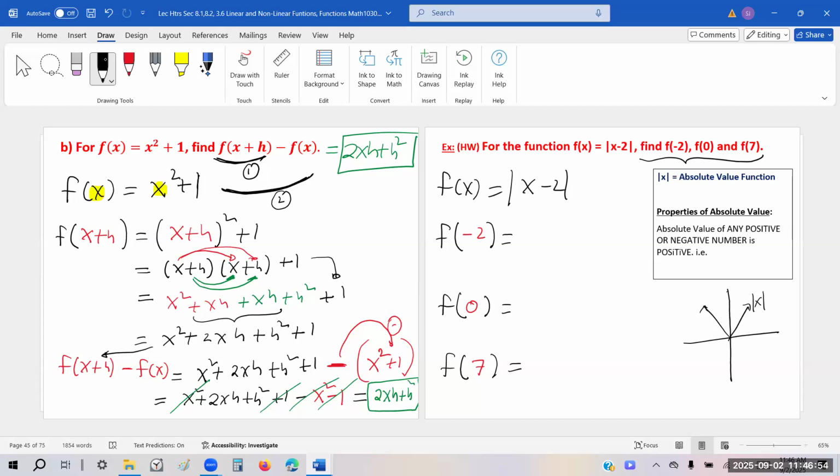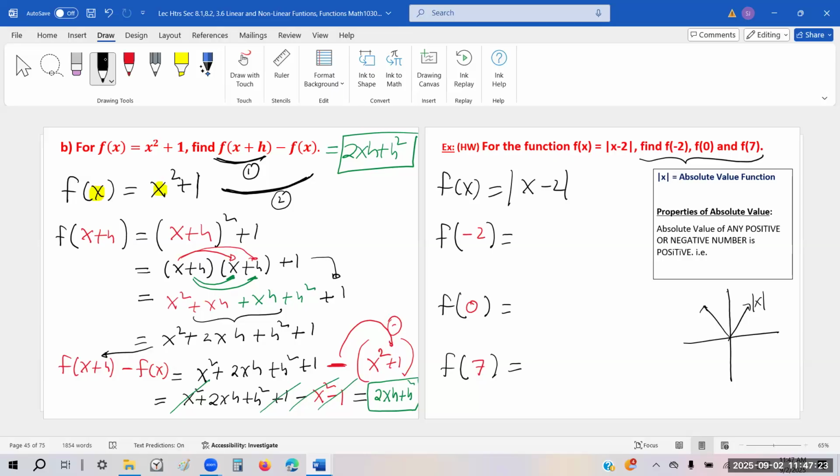All the y values are positive. It doesn't matter what x value you plug in, the y must be positive. This is the characteristic of the absolute value function, unless there is some type of shifting. Here we have left-right shifting, so we don't get any negative y value. If it's up-down shifting, then we might get a negative y value.